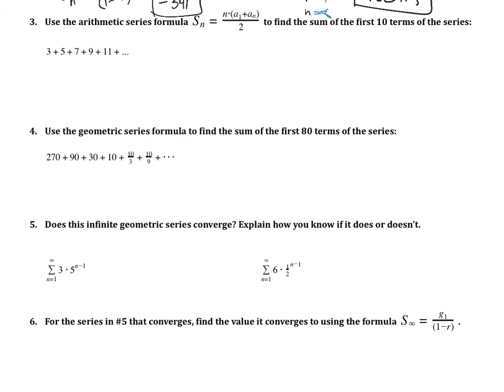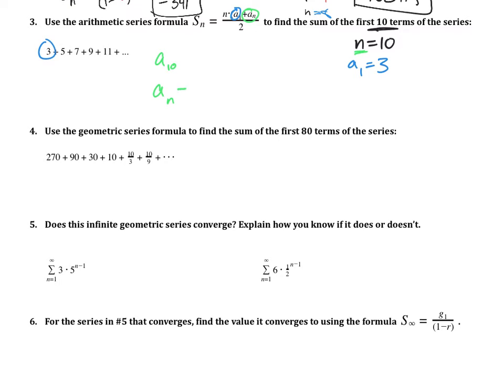There it is. Okay, the next one says find the sum of the first 10 terms, and so n is 10 here in the sequence, or in the series. A1 is our first term, so A1 equals 3. And we don't know what an is, but we do know that n is 10, so we need to find a10.